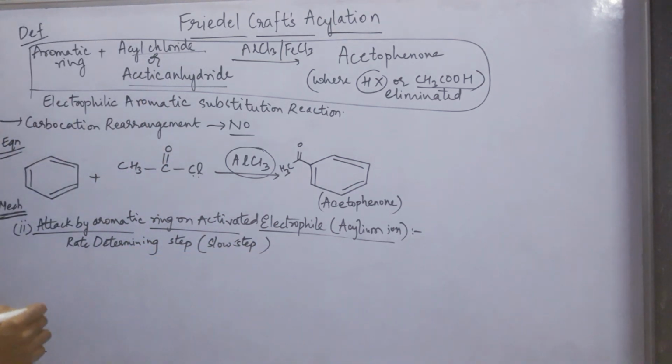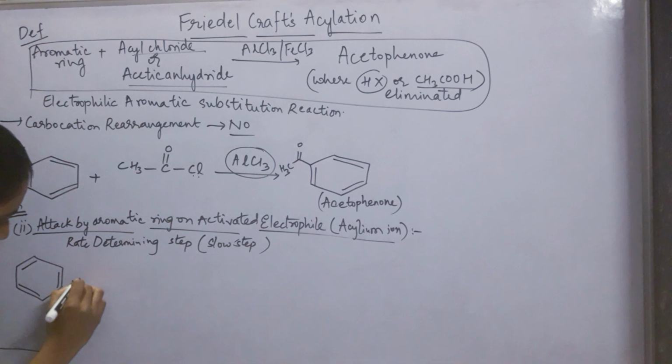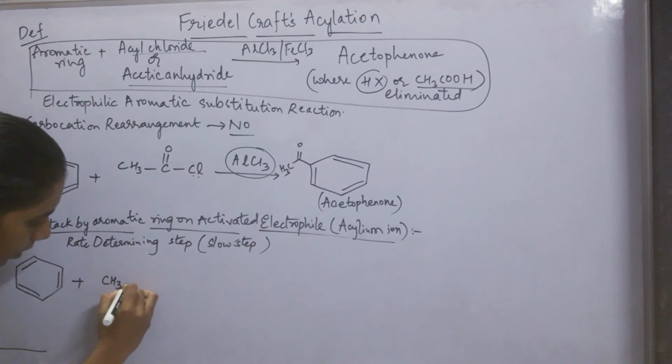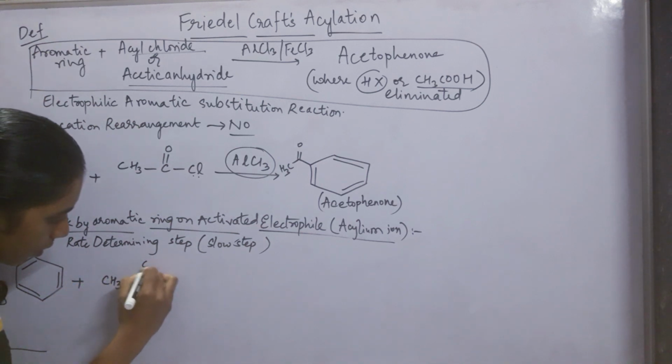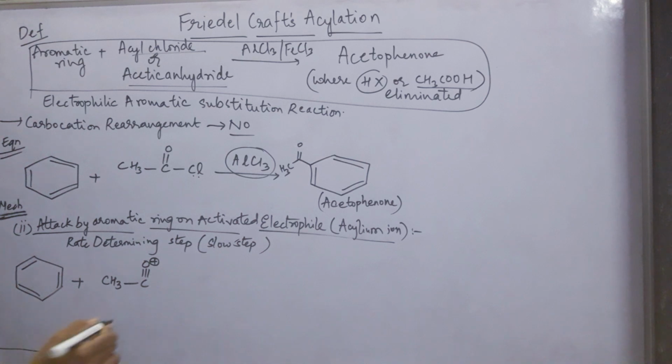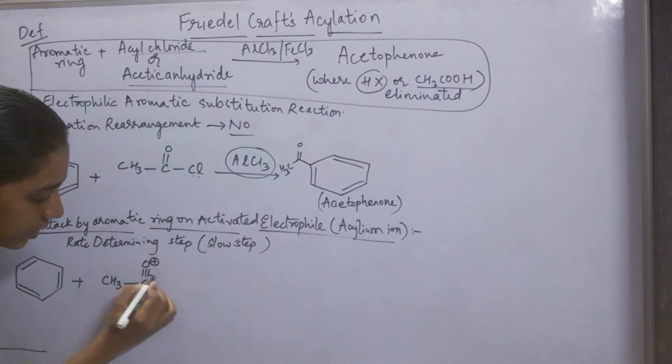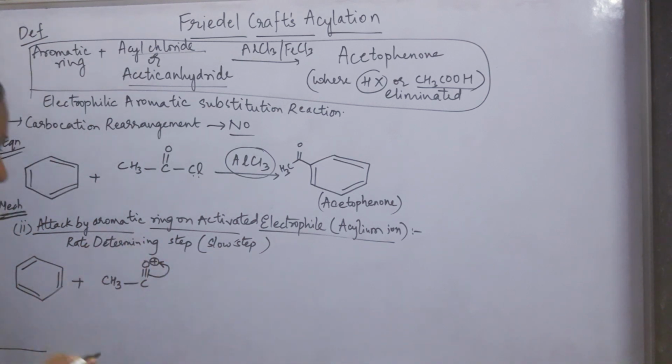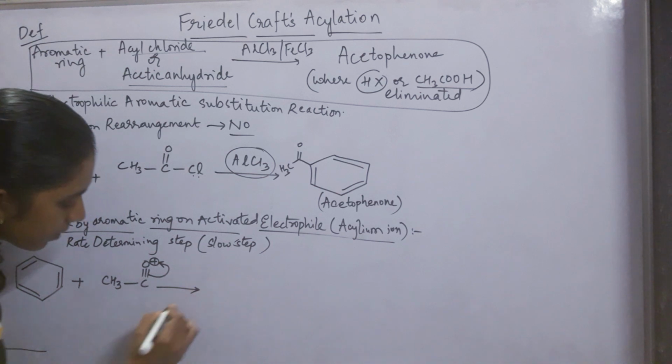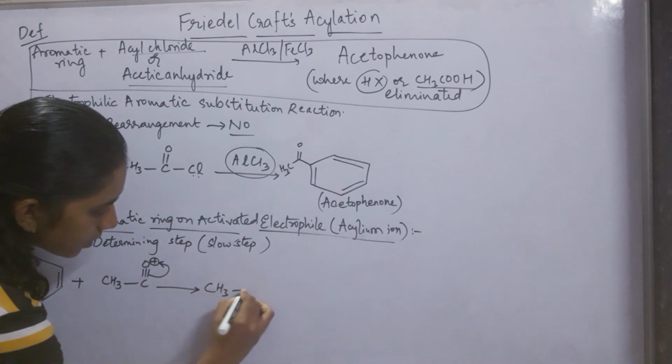Okay, now we'll be taking benzene ring, which is reacting with the acylium ion CH3C≡O plus. Now as oxygen is positively charged, it will take back its electrons and will leave the carbon positively charged.